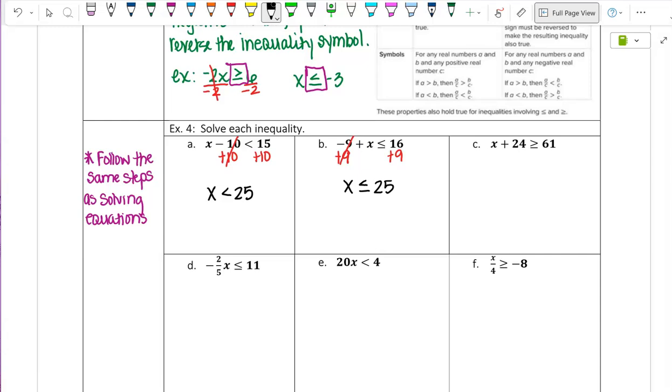All right, Isaac Alcantara on problem C, x plus 24 is greater than or equal to 61. What do I need to do to both sides? I need to subtract 24.